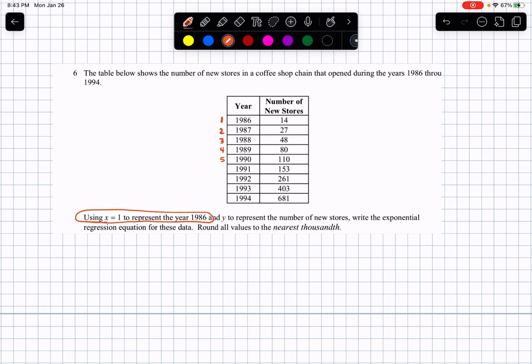So when I type this data into my calculator, I'm not going to type in 1986, 1987. I need to type in 1 through 9 because that represents years since 1986. So this will be my L1, this will be my L2. I'll type those in, then I'll go back to Calc, exponential regression, and that will give me a screen that looks like this.